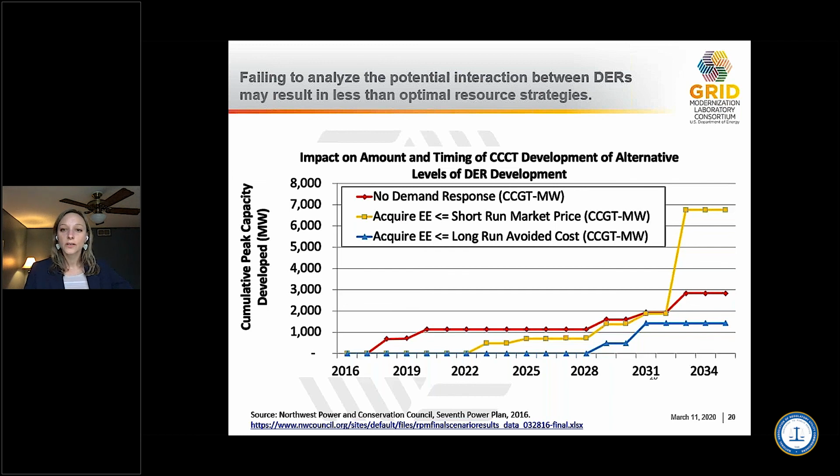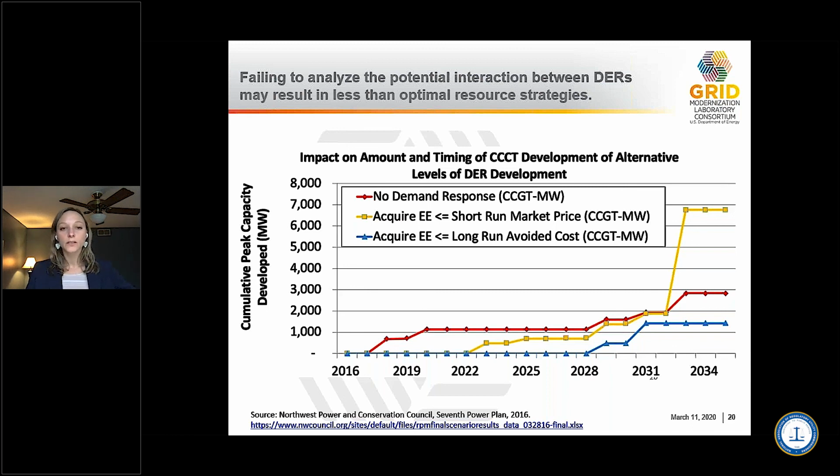The x-axis of this chart is years, and the y-axis is cumulative peak capacity developed in megawatts. The red line represents the quantity of natural gas that's developed if no demand response is considered. So that was one scenario. The yellow line represents the quantity of natural gas that's developed if the acquisition of efficiency is limited to what would be cost effective using short-run market prices.